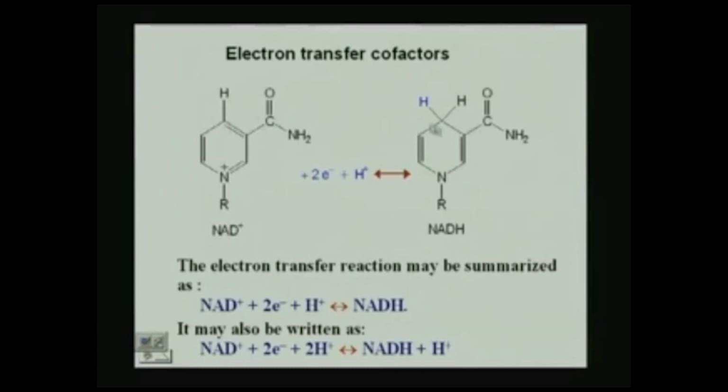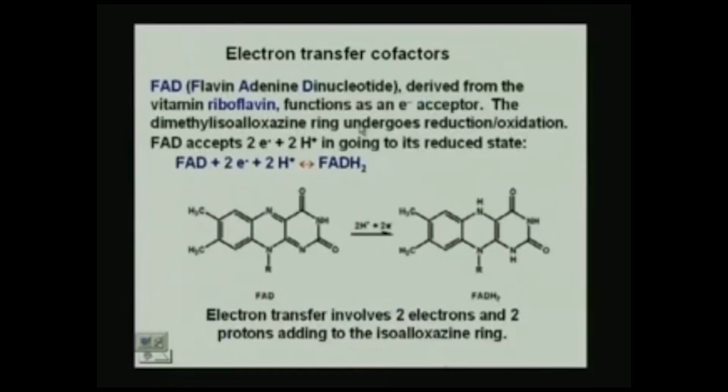So, we have NADH. The next one that we looked at was flavin adenine dinucleotide, FAD, that goes to FADH2, where 2 protons add to the 2 nitrogens of this isoalloxazine ring. Okay, this isoalloxazine ring, the rest of this, is the flavin part. We have an adenine dinucleotide part, a flavin adenine dinucleotide that is derived from the vitamin riboflavin.